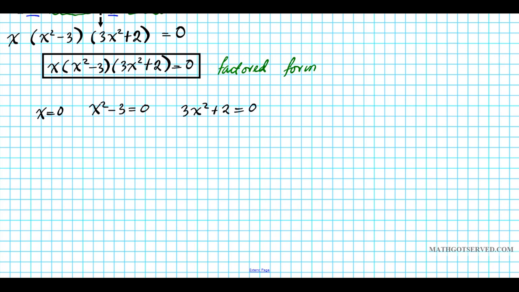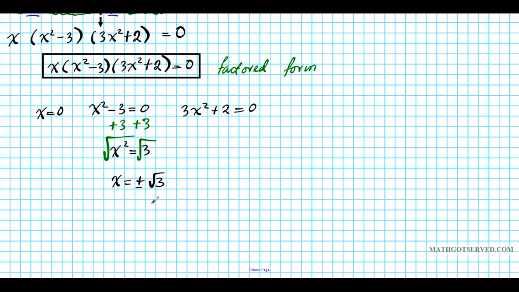The first one is already solved, so let's shift our attention to the second one. Add 3 to both sides. x squared is equal to 3. Then we'll take the square root of both sides to get rid of the square, and we have x equals plus or minus the square root of 3.